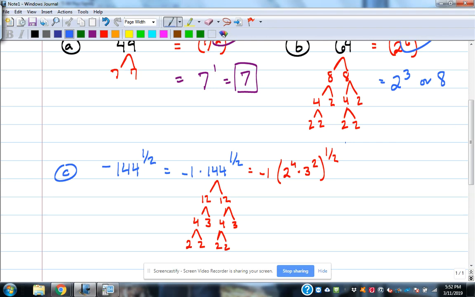And then the rule is when there's parentheses in an exponent, you multiply. So half of 4 is 2, half of 2 is 1. So we have next to final answer, 2 to the second power, 3 to the first power, which is -1 times 4 times 3, which is -12.